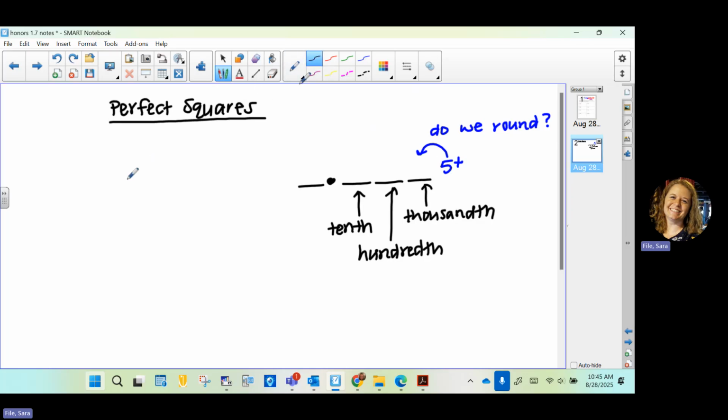So perfect squares are the values we get when we multiply some number by itself, when we square a number. So what is 1 times 1? What is 2 times 2? What is 3 times 3?